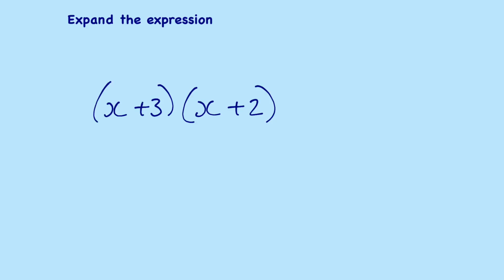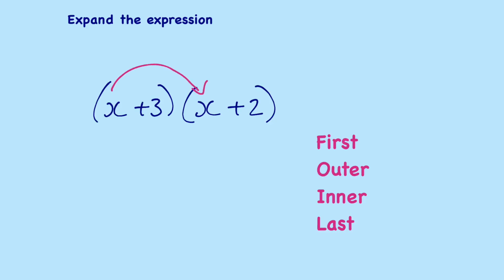And what we do is we follow what is called FOIL. FOIL stands for first, outer, inner, last. Let's see how we use this. So when it says first, that means we multiply the first two terms together.